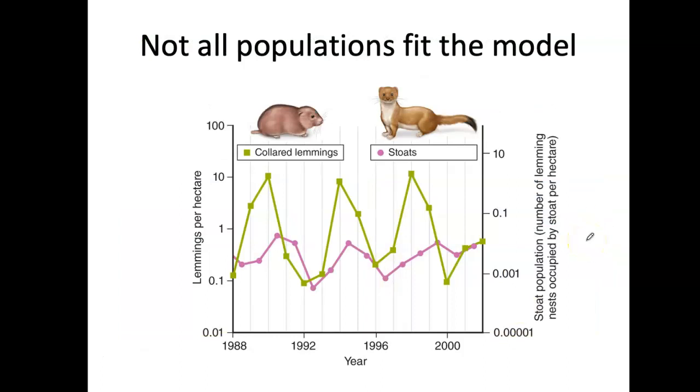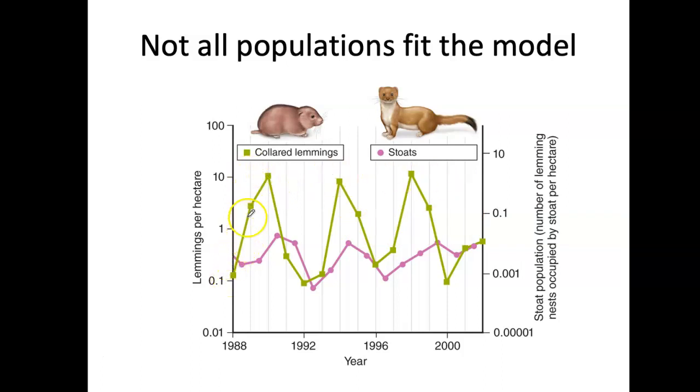Now, sometimes you look at two populations here, and they don't seem to fit the model at all. It's not like during a certain season, they grow, reproduce, you have many, many, and then they iron out. This is an example of the collared lemming and stoats, not organisms that we see in our backyards. That in green is the lemming.